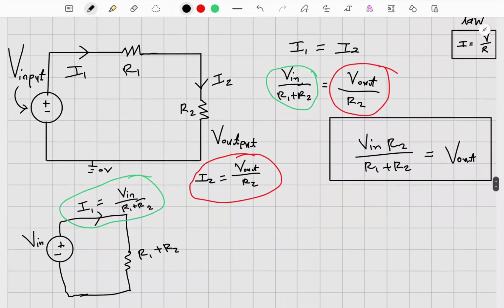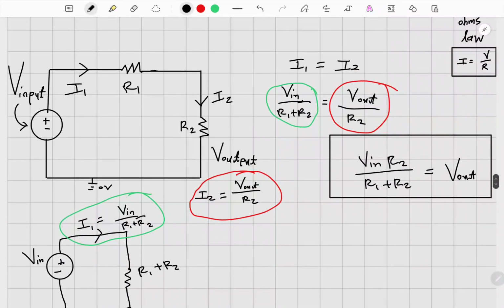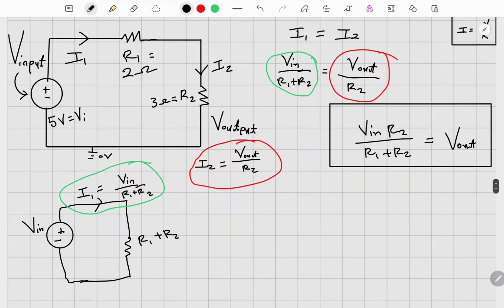So I'm going to assign numbers now and solve for the output. Let's say this is 5 volts and this is 2 ohms, sorry, and this is 3 ohms. So input is 5 volts, R1 is 2 ohms, and R2 is 3 ohms. So I'm going to solve for the output now.